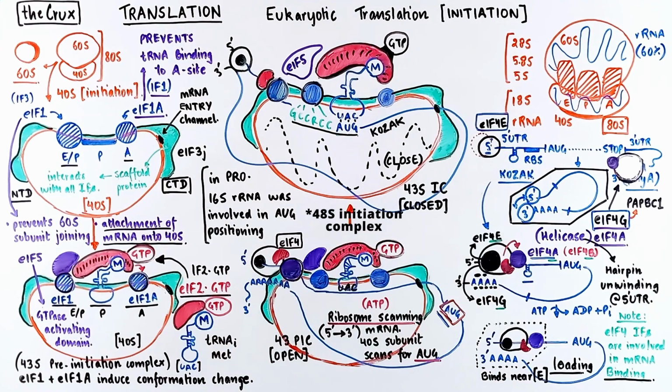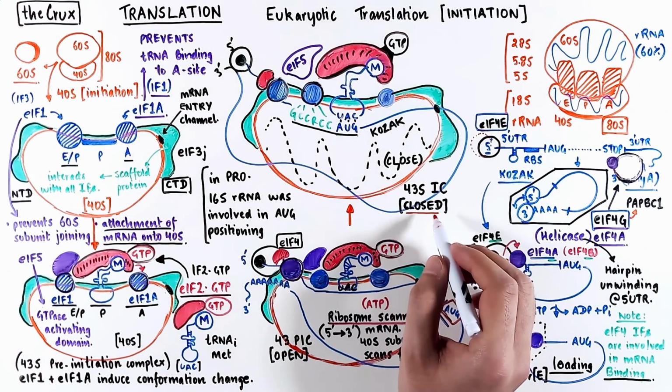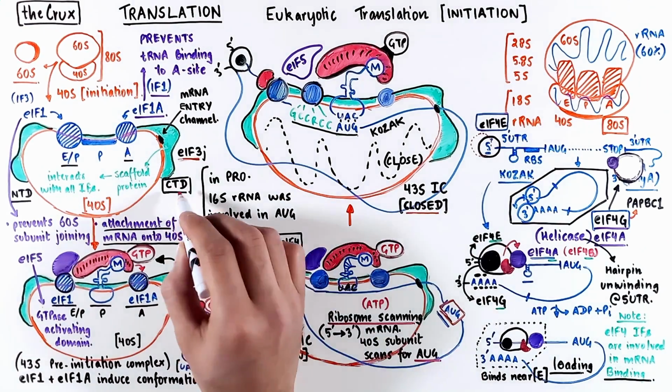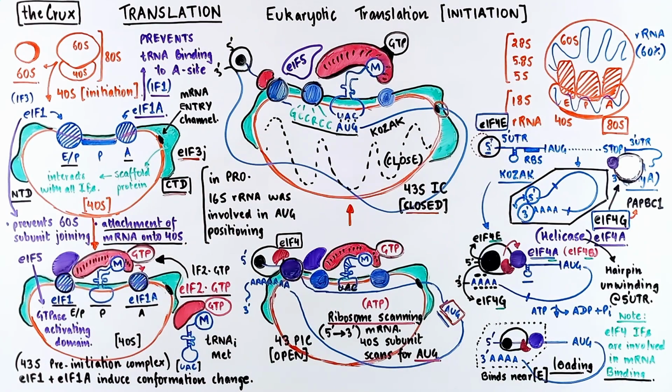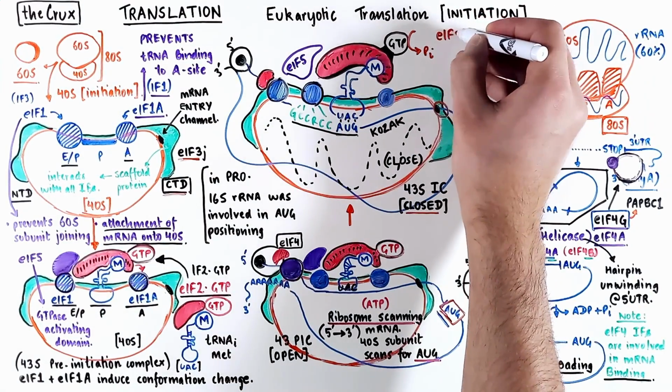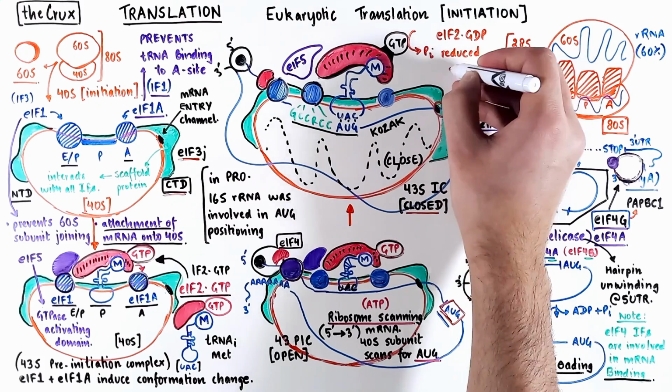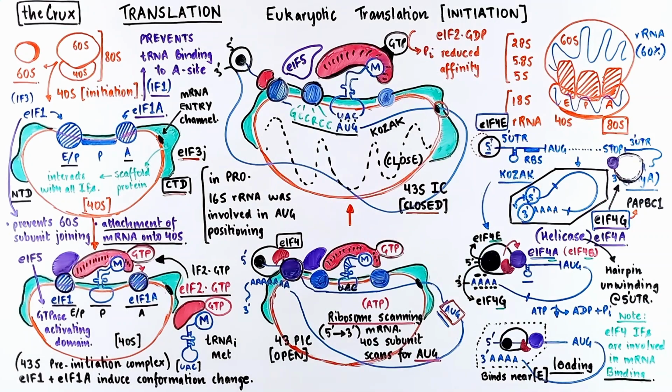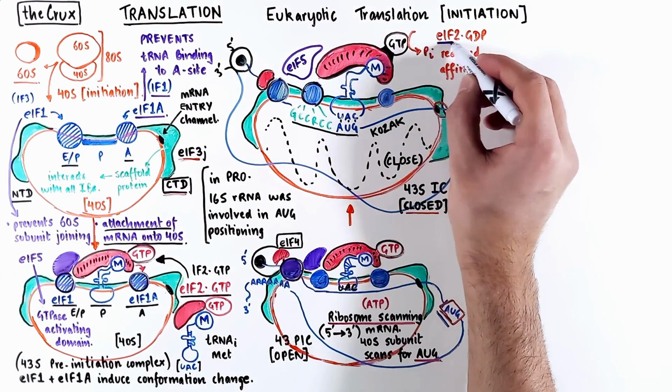This complex is also called 48S initiation complex. Once this complex is established, the eukaryotic initiation factor 5 causes the GTP in the EIF2 to break a phosphate bond, which then as a result causes the EIF2 to form a complex with the GDP. And this complex loses its affinity towards the ribosome subunit, and as a result, it is released.